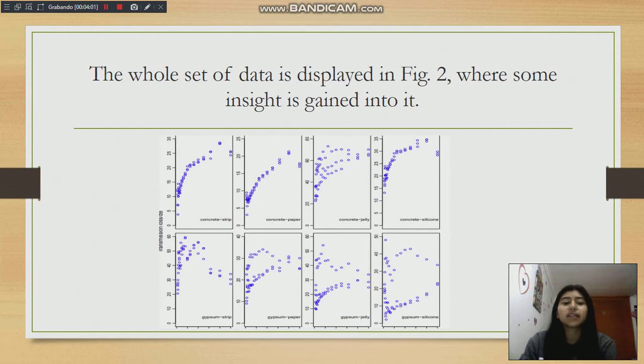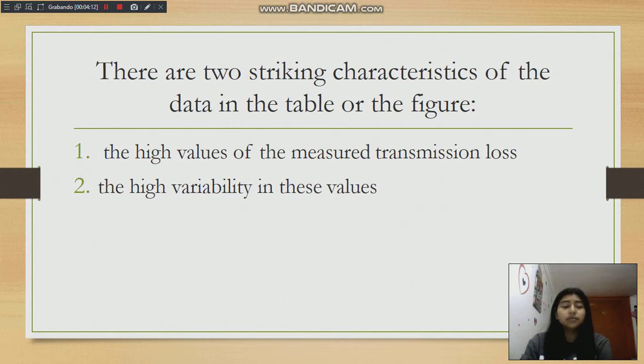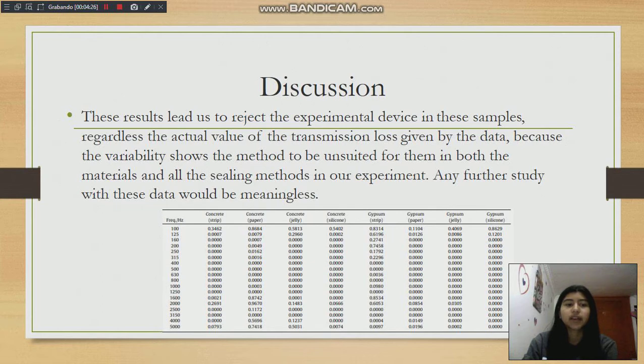The whole set of data is displayed in figure 2, where some insight is gained into it. There are two distinct characteristics of the data: the high values of the measured transmission loss and the high variability in these values.